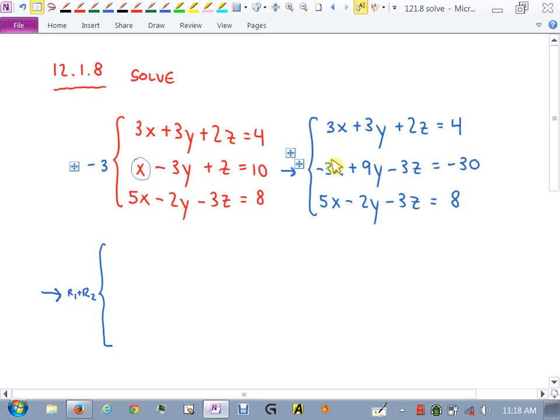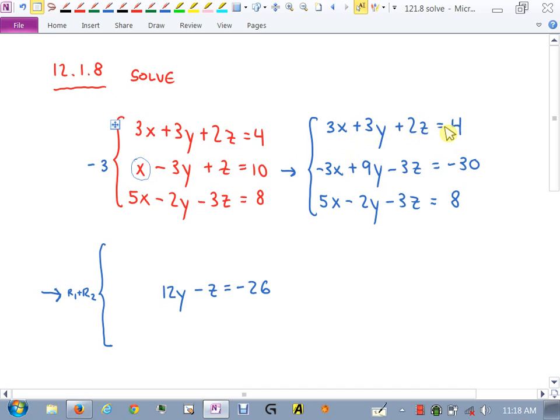You get what? 0, so I'm not going to write anything. How many y's? 12 y's, right? That was 3y plus 9y. How many z's? -1z or just -z equals the number? -26. Make sense? Now, the other two rows I'm going to need to write down also.